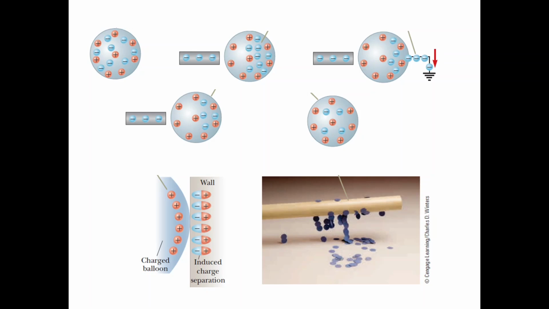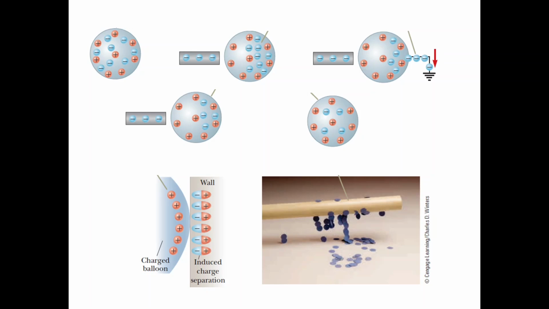Such a configuration means that between the stick and the paper, we will have attraction, and it will be larger than the repulsion between negative charges, because the distance here is larger than here.